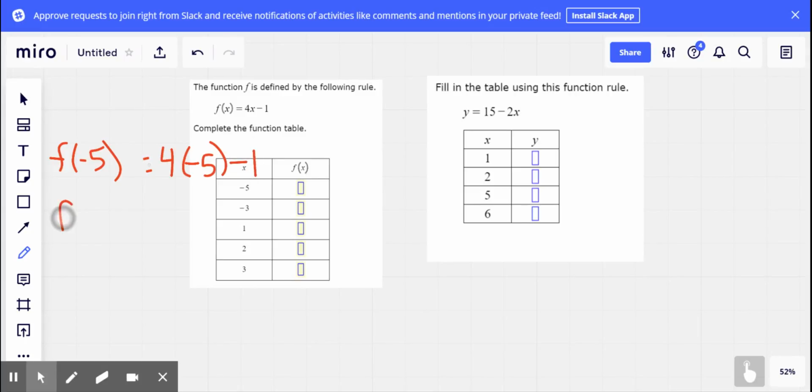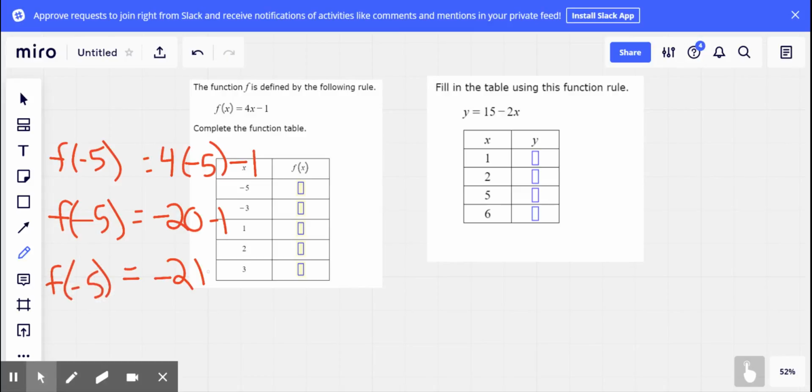So the function at negative 5 equals negative 20 minus 1. I'm just doing the 4 times negative 5 to get negative 20. And then negative 20 minus 1 is negative 21. So the function, when x is negative 5, the value comes out to negative 21. When I input negative 5, the output is negative 21. So that would go right here.